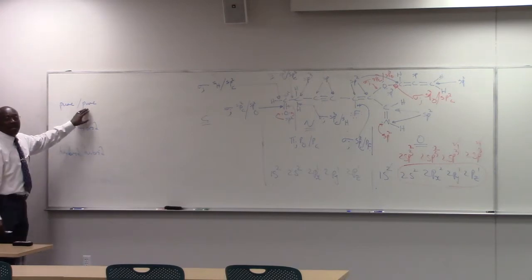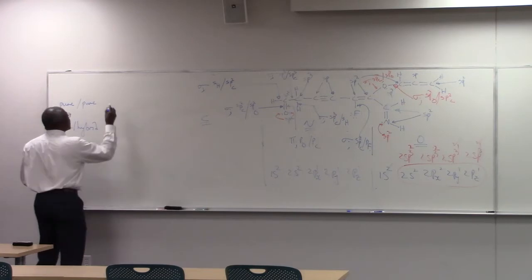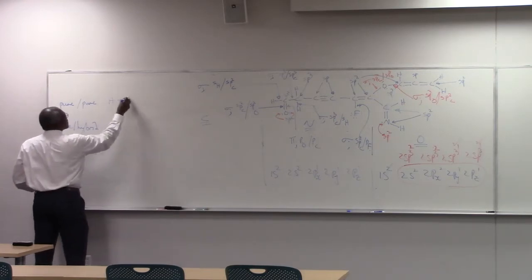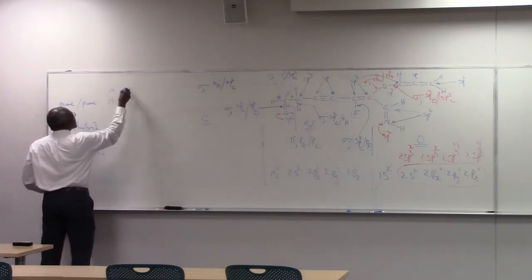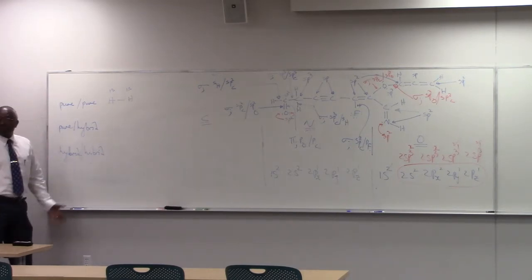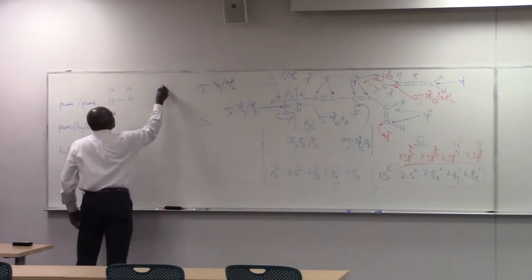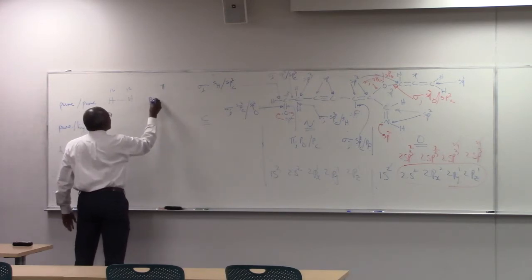So pure would have to be an S and an S. For example, hydrogen. So H, this is one S and one S. That's a pure. Okay? Or a pi bond, any pi bond. Right? Pi bonds are formed by PP overlap. So PP overlap.